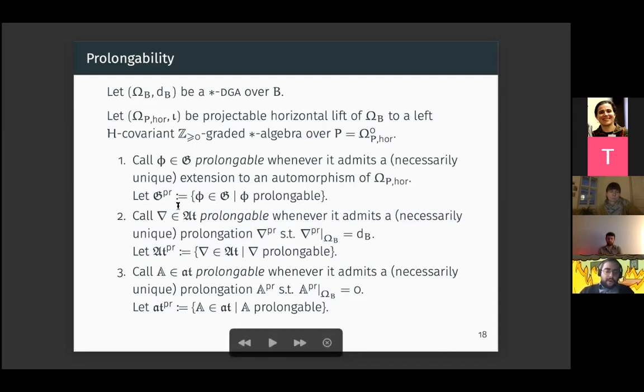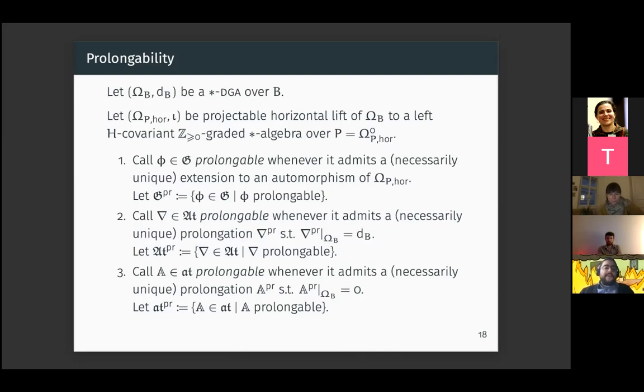Let's call nabla a gauge potential prolongable whenever it admits a necessarily unique prolongation that restricts to the derivative on the base, and let this be the set of all prolongable gauge potentials. Similarly, we can call a relative gauge potential prolongable whenever it admits a necessarily unique prolongation that vanishes on the differential forms on the base, and you can let this denote the subset of all prolongable relative gauge potentials.